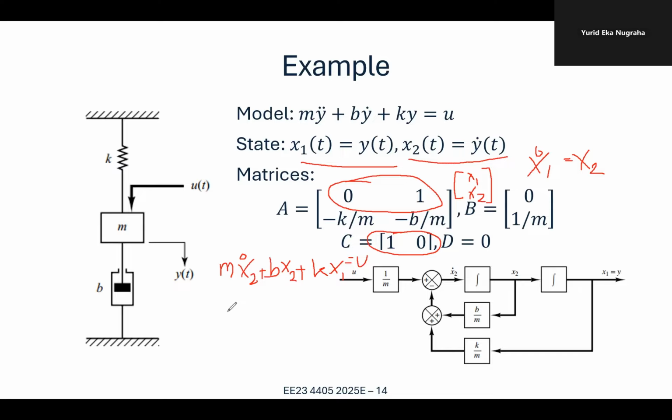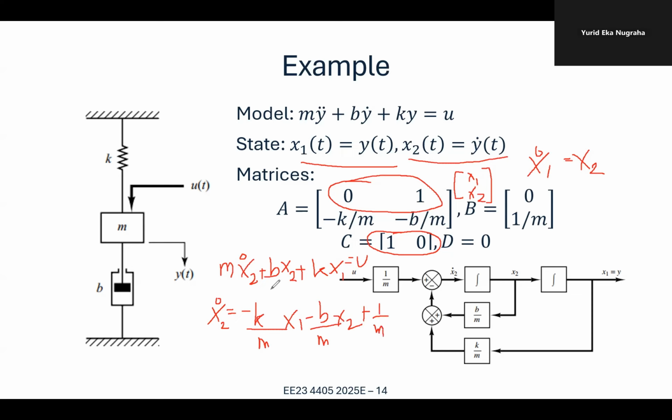So x2 dot is equal to minus k over m x1 minus b over m x2 plus 1 over m u.